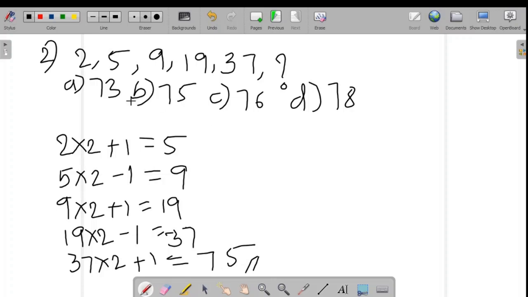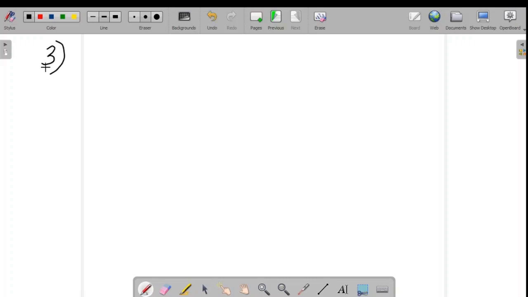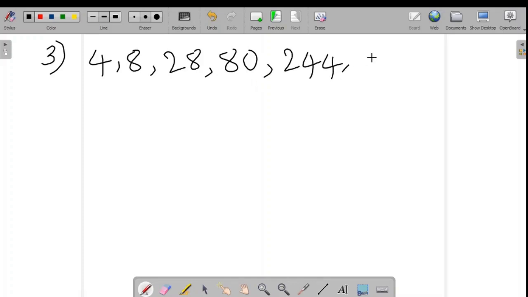So option B is the correct answer. Okay, let us move to the next question. Question number 3: 4, 8, 28, 80, 244, next question mark. Let me write the options here.